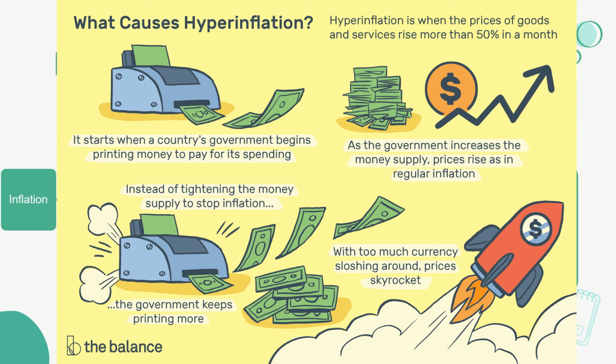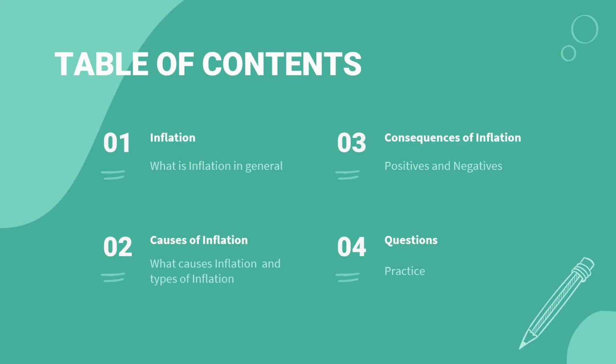With too much currency sloshing around, prices skyrocket eventually. Just like regular inflation, these inflations are not tightened or stopped. That's why this inflation happens, and the main cause is, as said, more money supply in the country.